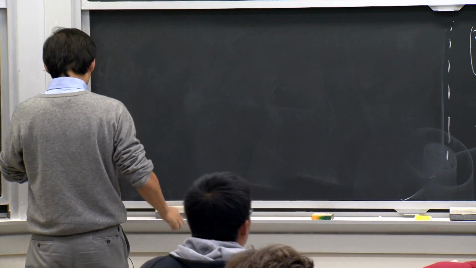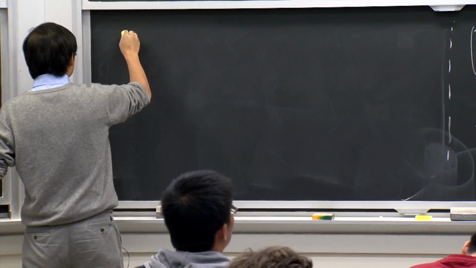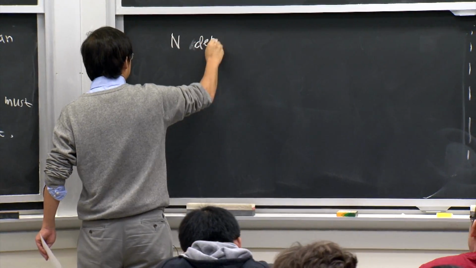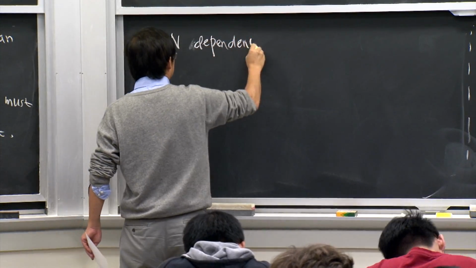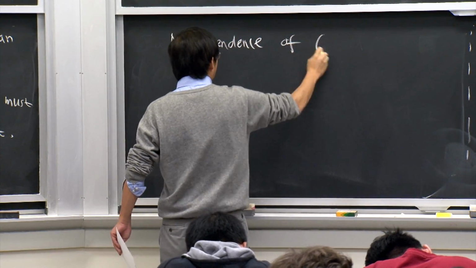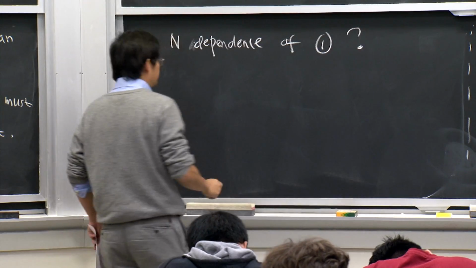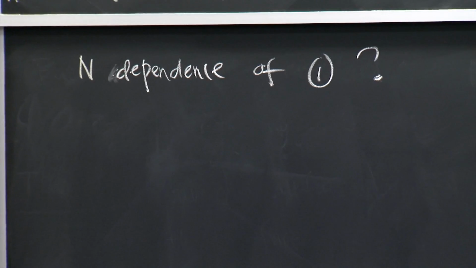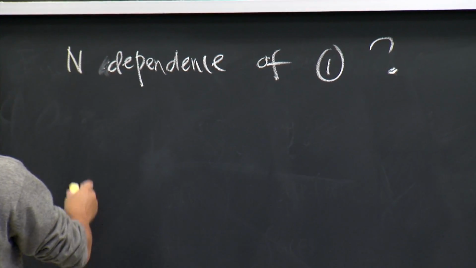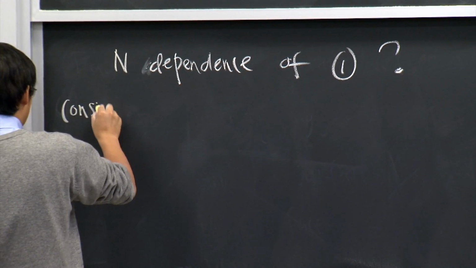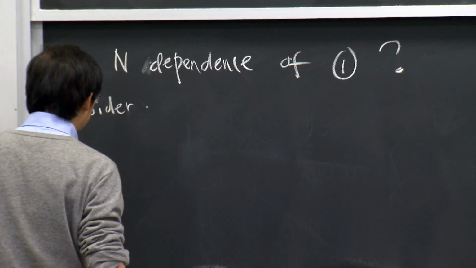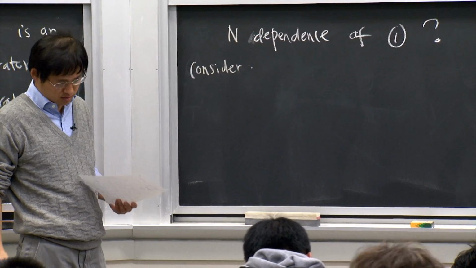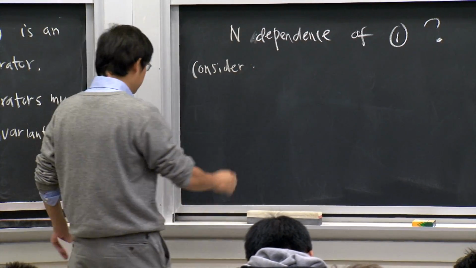So the question: what is the N-dependence of equation 1? Okay, so this is the question we want to address. So here is a very simple, beautiful trick. Let's consider the following generating functional. In quantum field theory, when we talk about correlation functions, it's always convenient to talk about generating functionals.